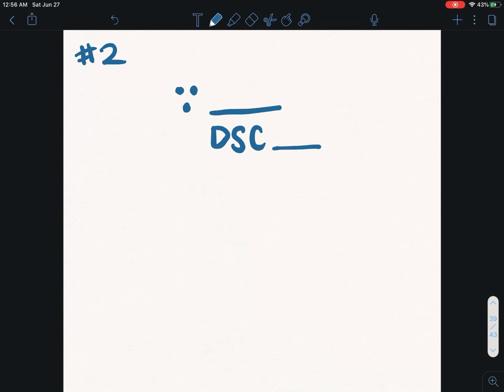And then it says blank is a direct, so blank is a DSC of 1. So a DSC of 1, and we know that 1 is M. And then he gives a clue for this one. He says it's listed in the wolf needed.